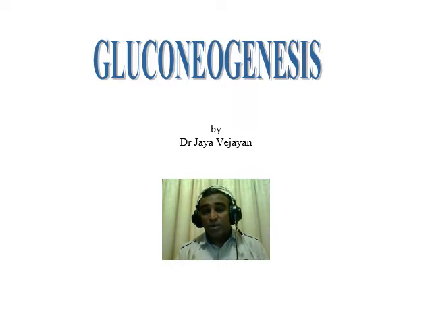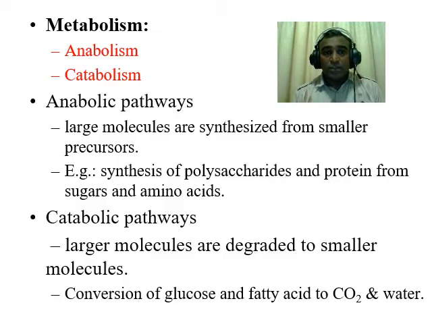It's making glucose within your body itself by using 2 carbon and 3 carbon intermediates that become precursors for this gluconeogenesis pathway.